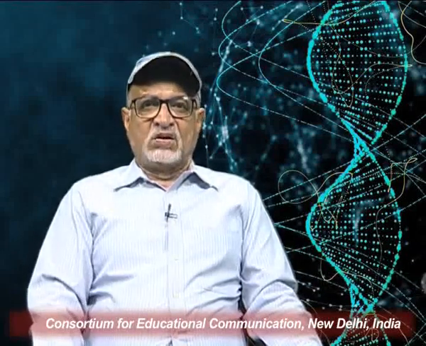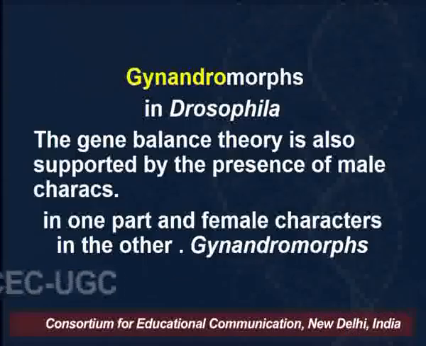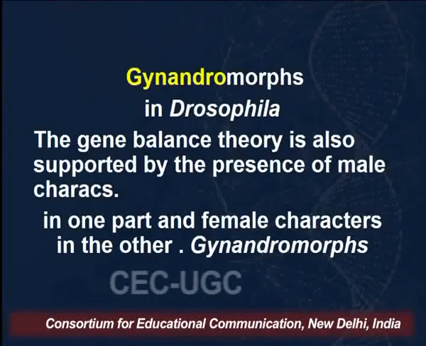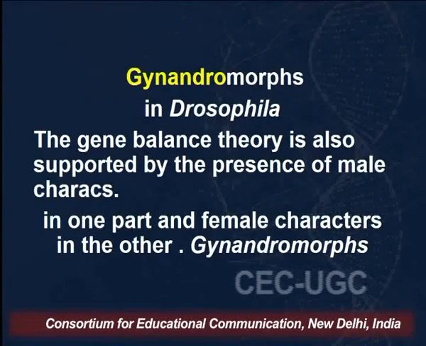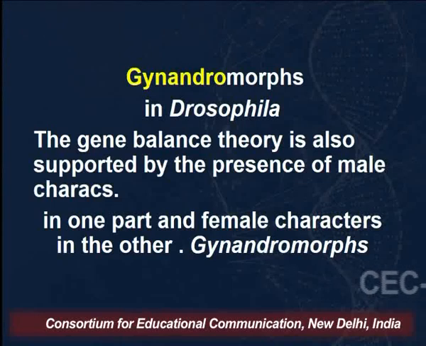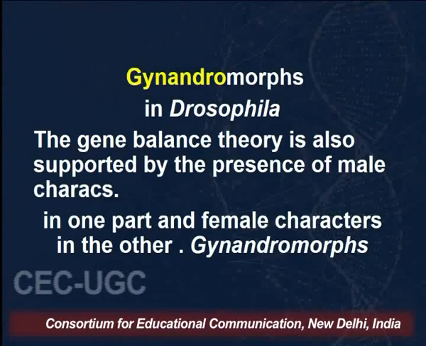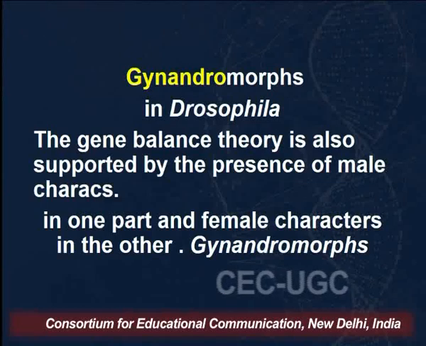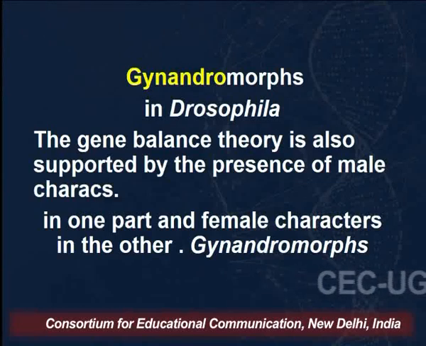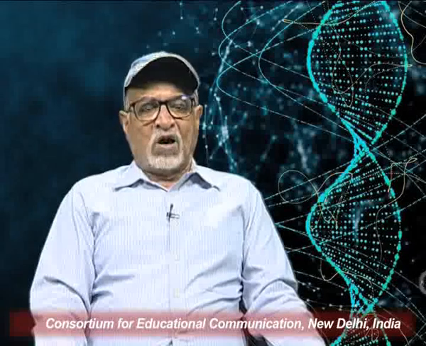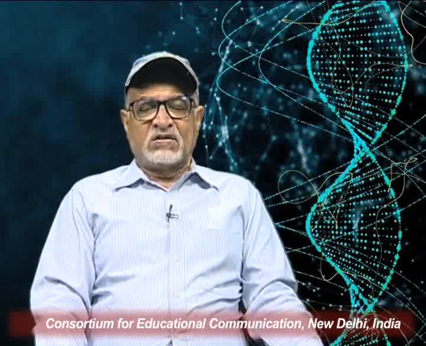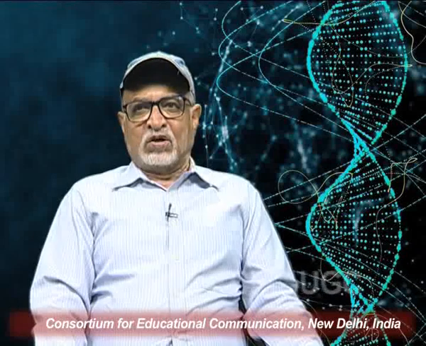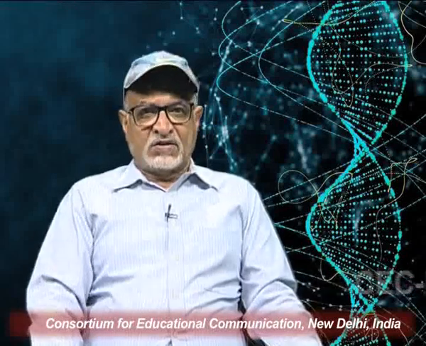There is another very interesting aspect called gynandromorphs in Drosophila. In fact, the existence of gynandromorphs also supports the idea of gene balance theory. If you just break up the word gynandromorphs, it means gyne and andro. That means female and male morphology at the same time, which means one part of the organism would have male characters and the other would have female characters.